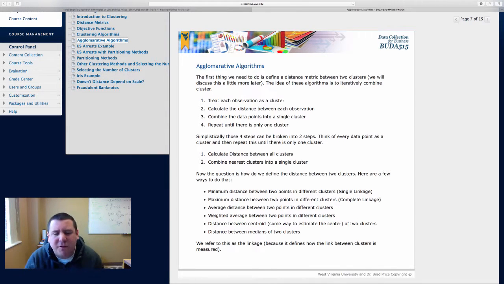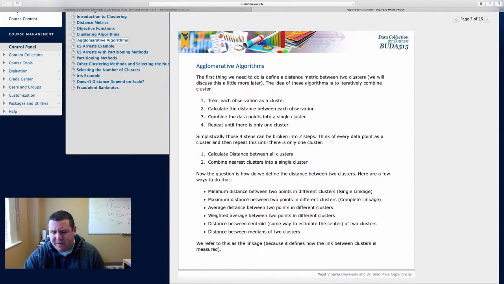So this is the next thing I have to define. Not only do I have to define a distance, but I have to figure out what that distance corresponds to in an agglomerative algorithm. It's not as simple as point to a middle, which is what a partitioning method may look at. It's complex, but you have all these differences.